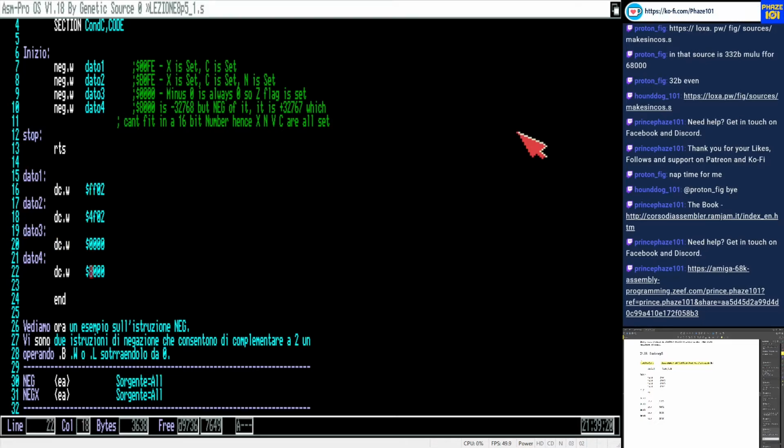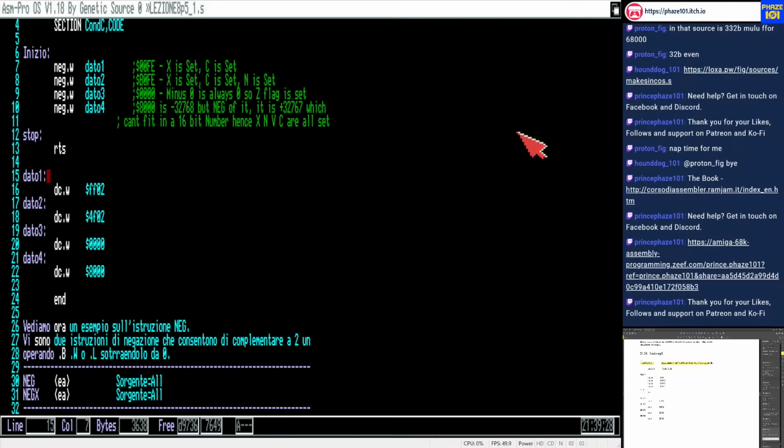This is another example that is hard to show because we are working on memory, but when we negate data 1, the answer will be FE. The second one will be B0FE.